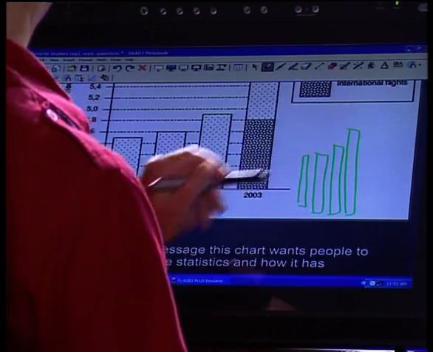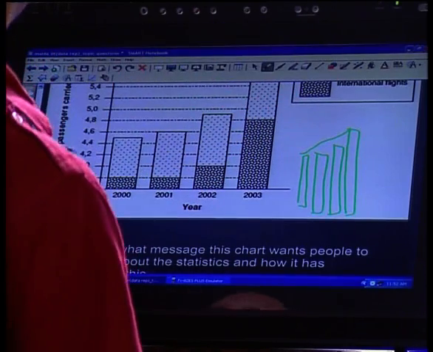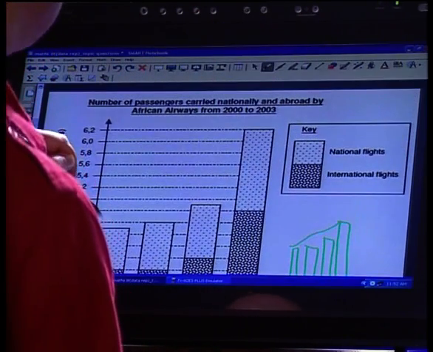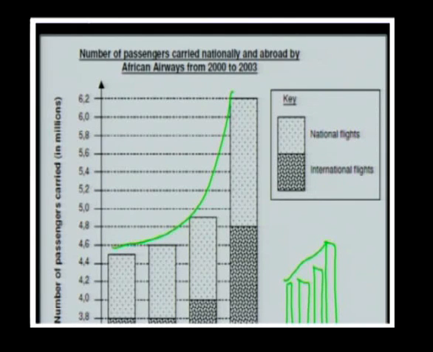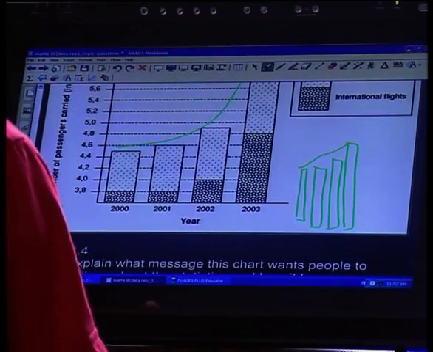That doesn't look as sharp an increase, if you look like that, as what this one does, which seems to go like that. So by exaggerating or by limiting the scale, they have made this increase look like it is far bigger than it really is.